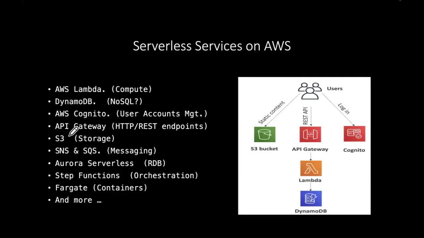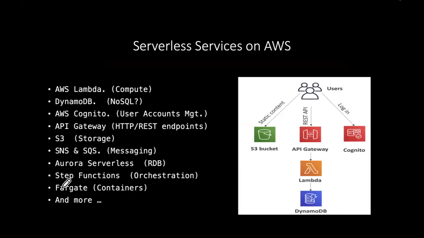S3, which you're definitely familiar with, is really a serverless service as well, even though it may not have been categorized as serverless when you were talking about it last year. It's essentially file storage, but it's also serverless in the sense that we don't have to worry about provisioning the servers that manage the file systems for us. And there are other ones as well, SQS and SNS for messaging. Again, you would have looked at those last year. We won't look at them in this module. And on it goes.